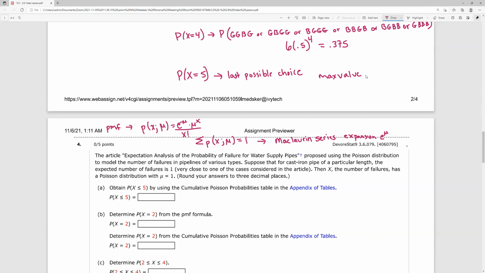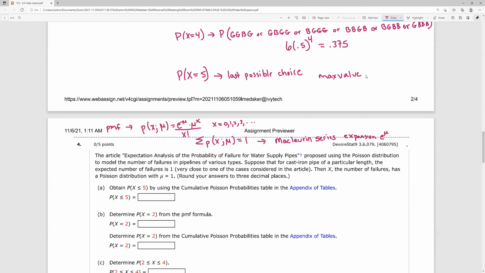And mu has to be greater than 0 for this, and our x's can go from 0 to infinity on the integers. Okay, so that's our support. So that's the PMF for our Poisson distribution.